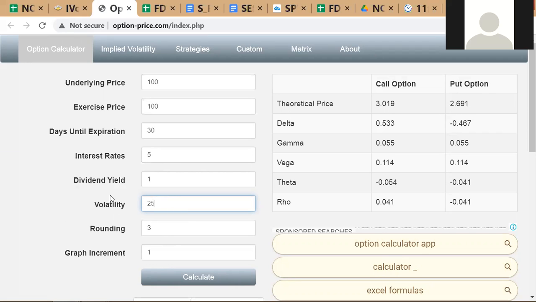What is not easy to figure out is this input. We'll explain in detail later on when we get into the understanding of I ball and H ball. But this vol input that goes into the OPM, or OVM actually, is a subjective input. This is an estimate.